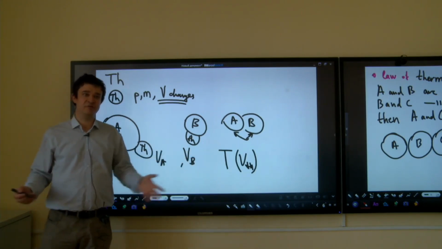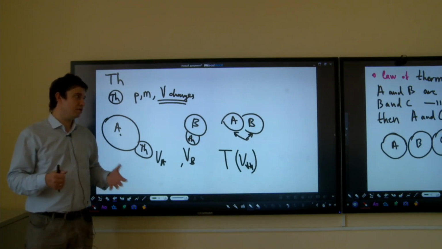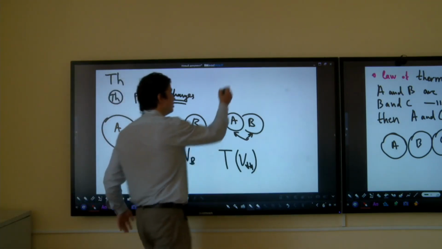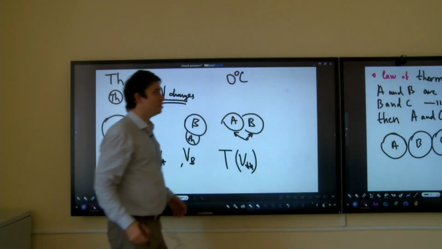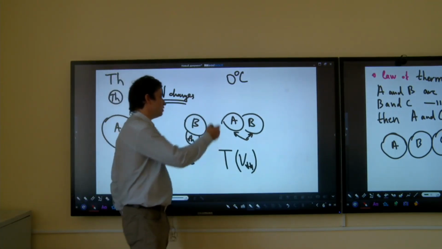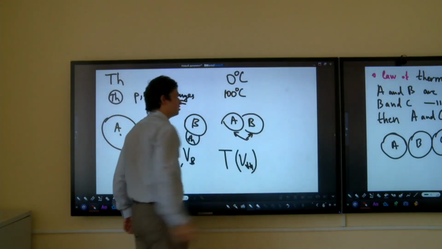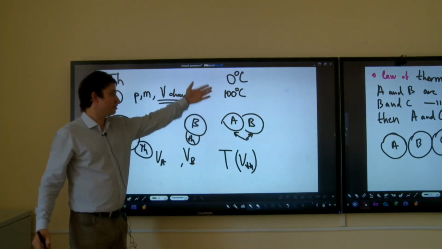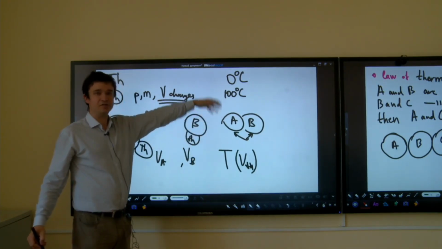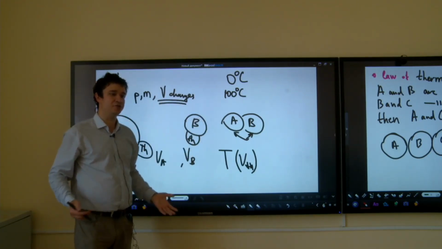One of the most famous temperature scales is the Celsius temperature scale, when you assume that the melting point of ice happens at one value, while the other fixed point is the point of vaporization. So that is how the temperature scale is established.